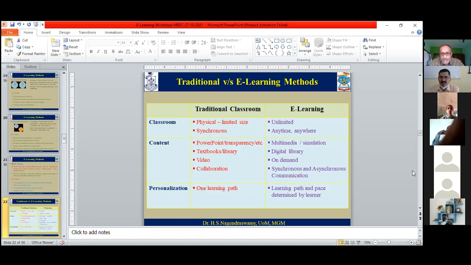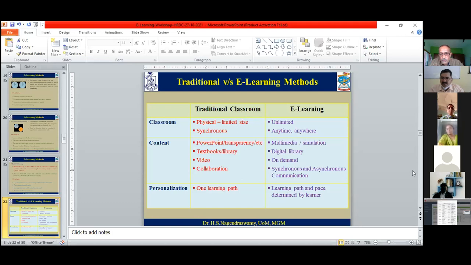When it comes to a classroom, how is the traditional classroom constrained, and how does the e-learning platform overcome such a constraint? In a physical or traditional classroom environment, the classroom is limited in size and it's synchronous.